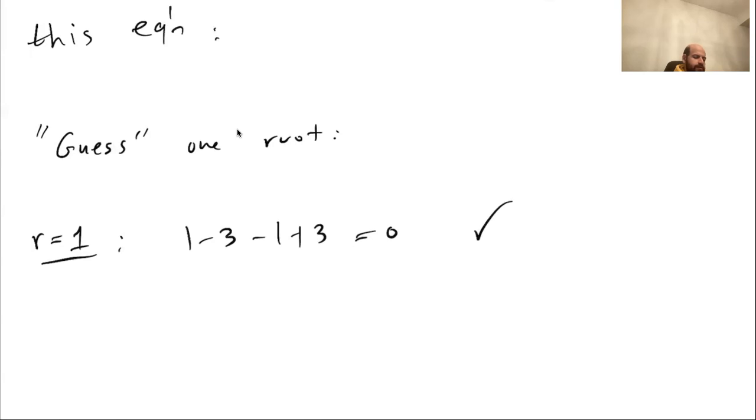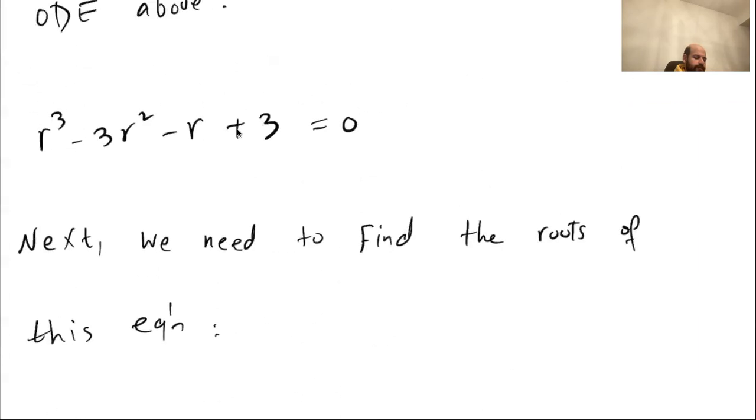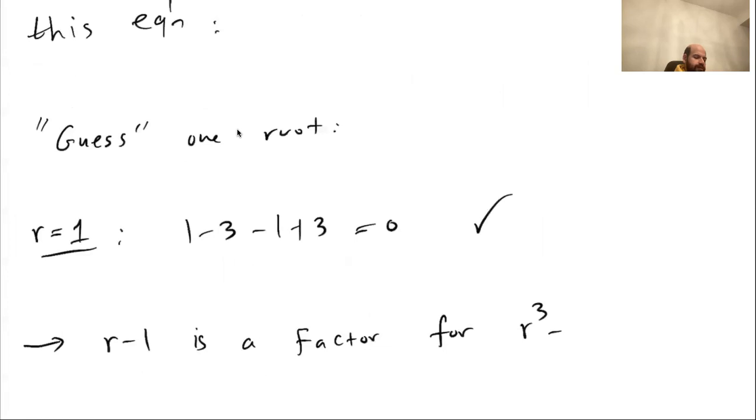So r equals 1 is a root. That means r minus 1 is a factor for r cubed minus 3r squared minus r plus 3.